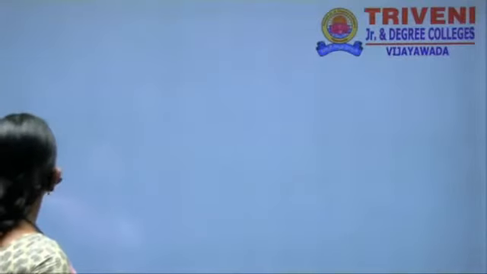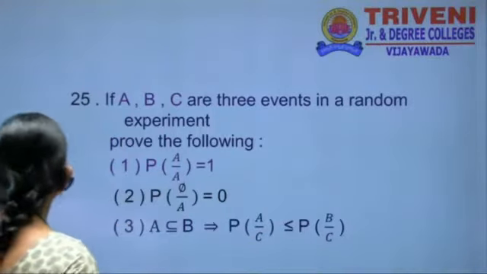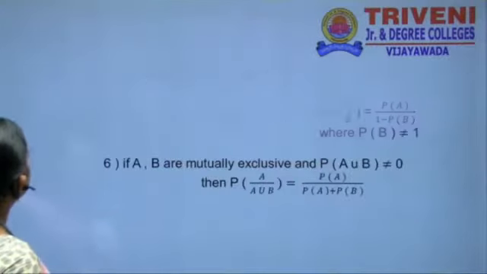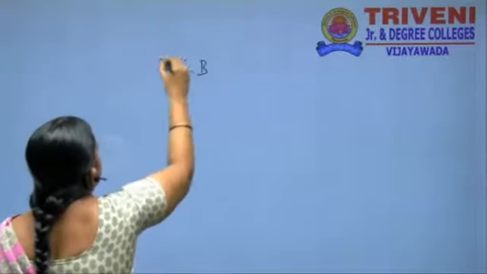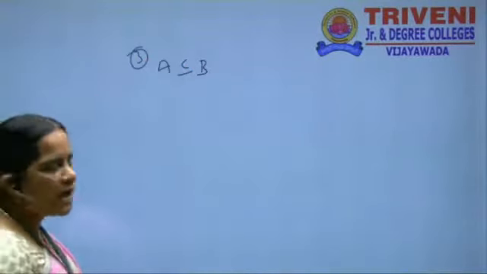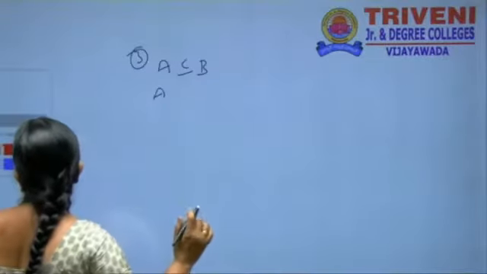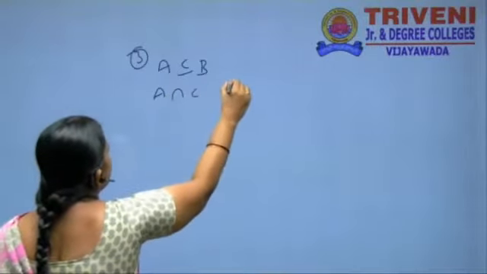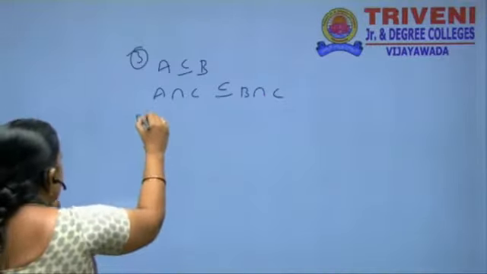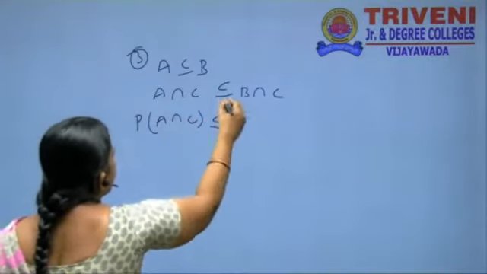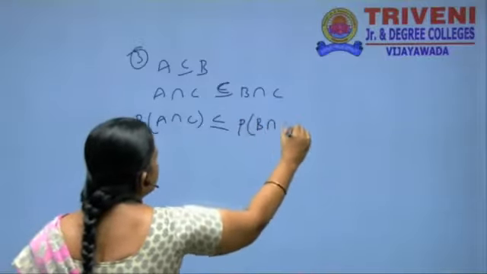A containing B. Then you have to prove that P of A by C is less than or equal to P of B by C. Third bit: A containing B. Taking intersection with C on both sides, A intersection C contains B intersection C. Applying the theorem on probability, P of A intersection C is greater than or equal to P of B intersection C.